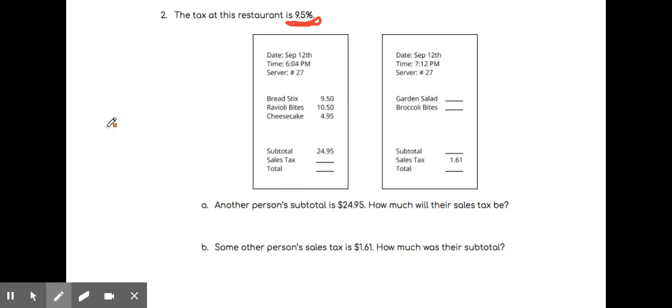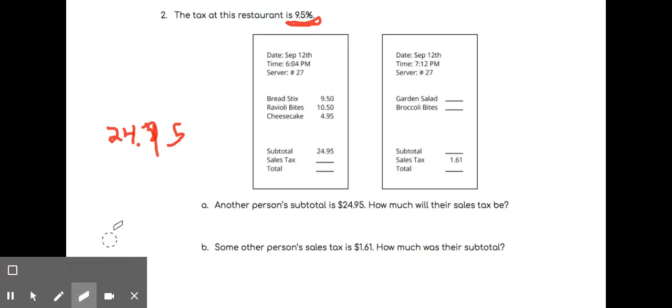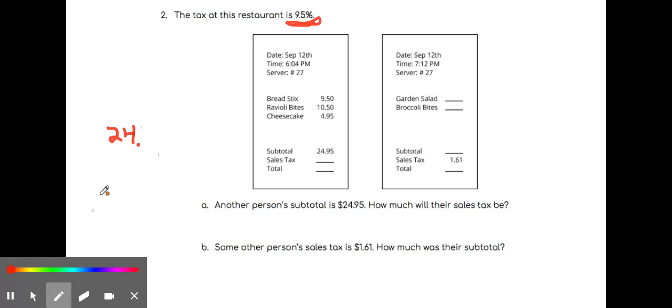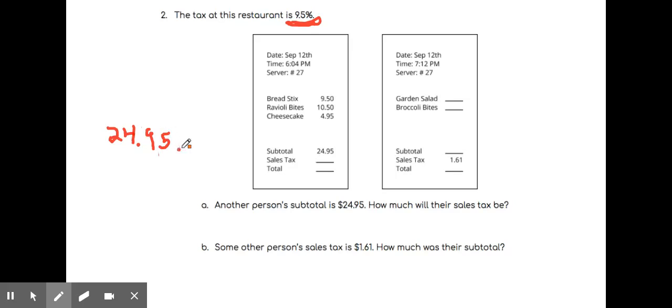Okay, so we know $24.95 is your 100%. So $24.95 is 100, and we know in this case that the sales tax is 9.5.